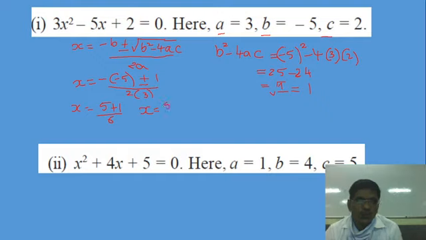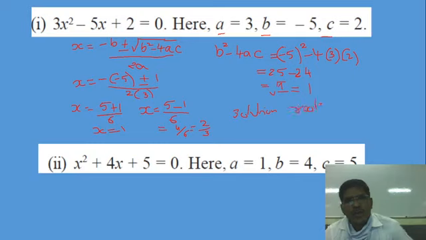So the second time, 5 minus 1 divided by 6. Here the value of x equals 1, and here the value of x is 4 by 6, that is 2 by 3. So we write the solution, or roots, are 1 comma 2 by 3, because it has two values.